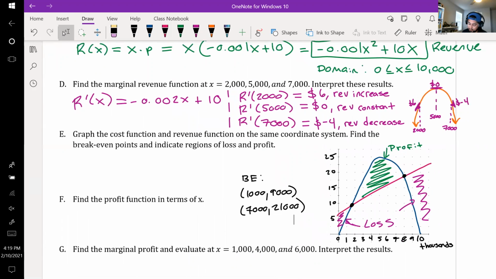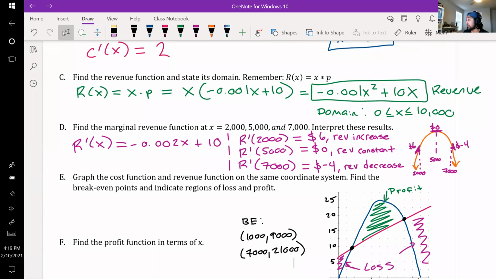How did you figure out the limits of the graph? So the first limits of the graph were given by the domain. So we were given the domain in the beginning, right? 0 to 10,000. So I plugged that in. But to find your y values, for the revenue function, you're going to have to find the vertex.